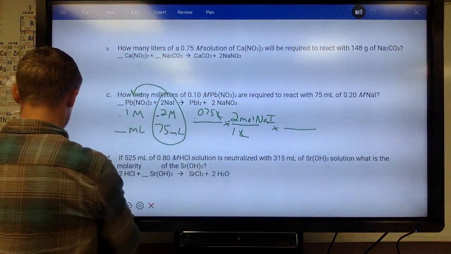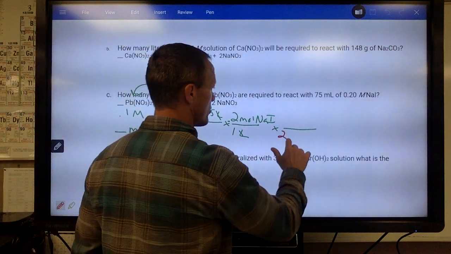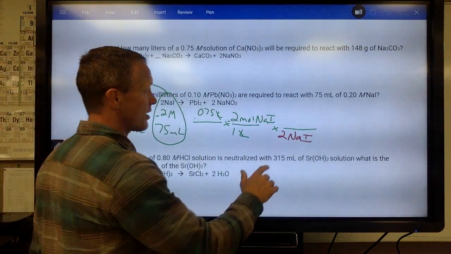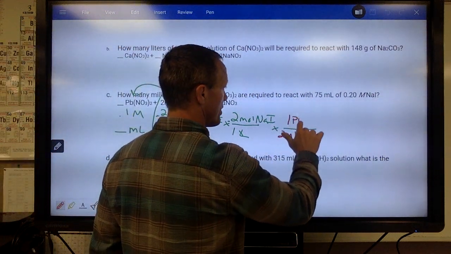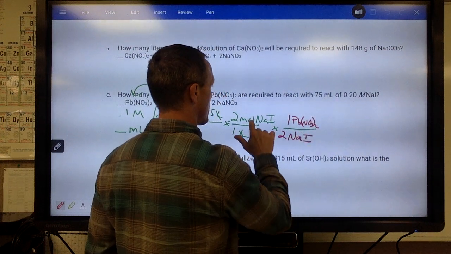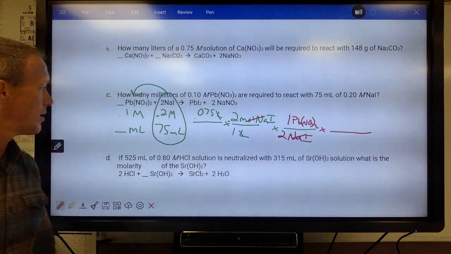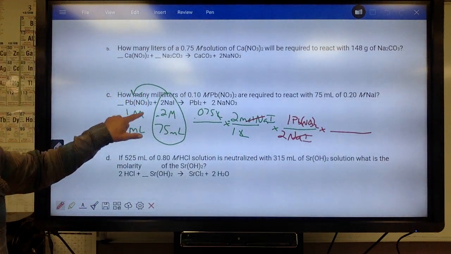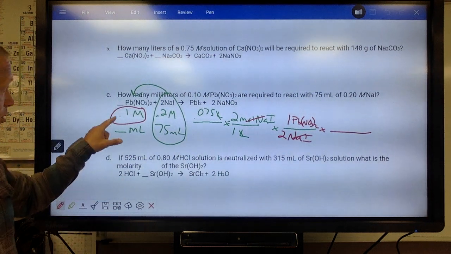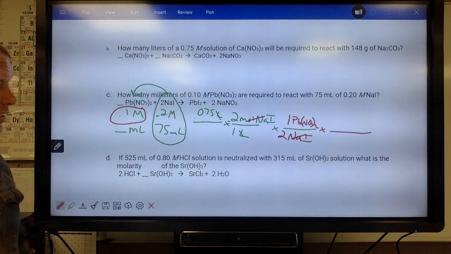Do our ratio. Ratio is 2 moles of NaI to 1 mole of lead nitrate, PbNO3. And then to get to milliliters, this molarity will get us from moles to milliliters. Every 0.1 mole of lead nitrate contains 1,000 milliliters, or every 1,000 milliliters contains 0.1 mole.